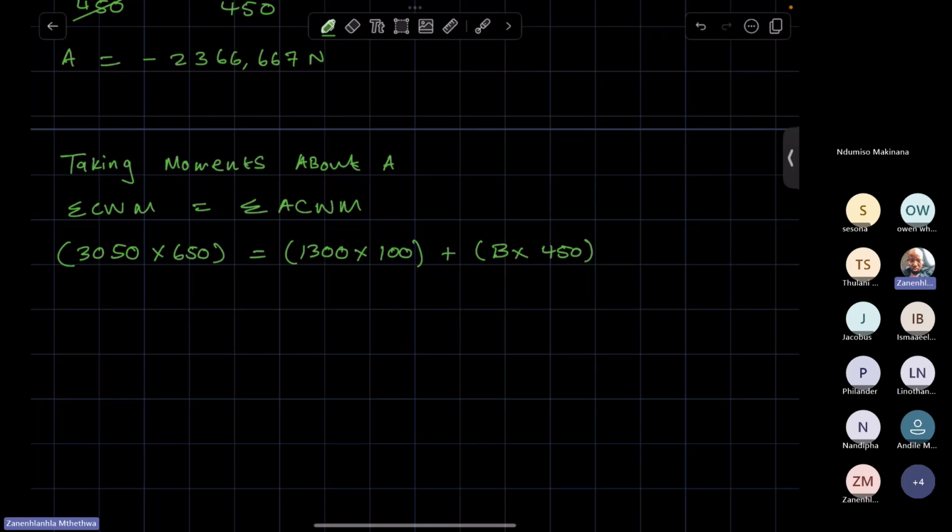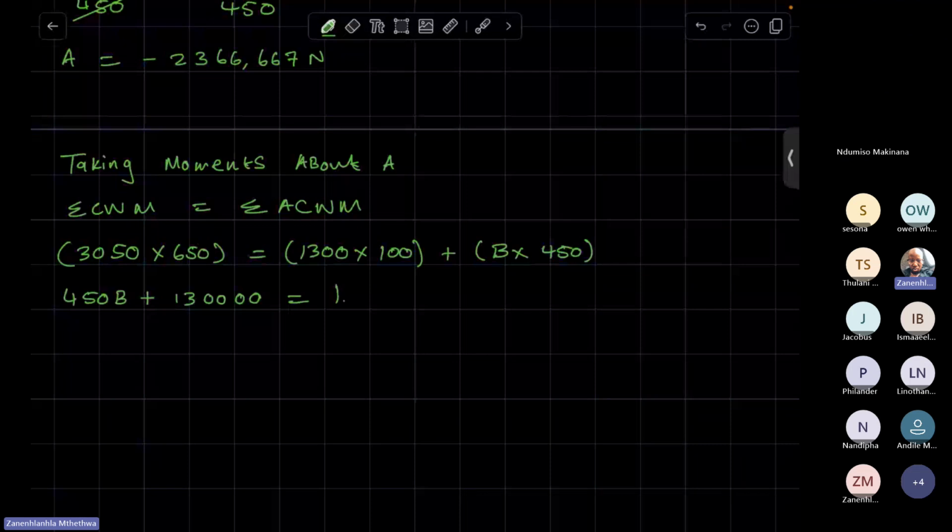Right, so now you calculate. You're going to have 450B plus 130,000 is equal to 3050 times 650, which is 1.9825 times 10 to the 6. Now you take the 130,000 to that side, so that you are left with 450B this side.